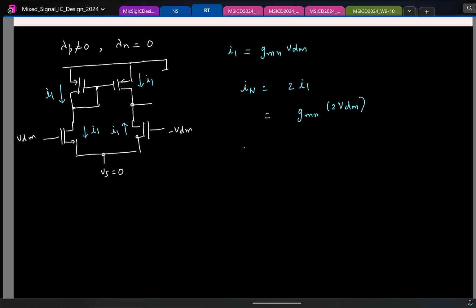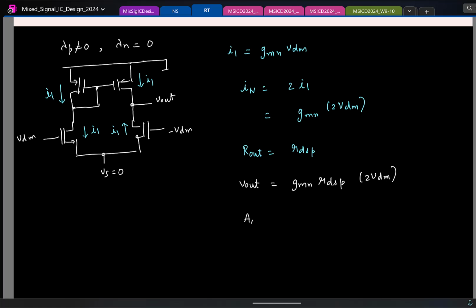So I'll maybe write this. The output resistance is RDS of the PMOS. So the total output is a product of this. This is GMN times RDSP times 2 times VDM.